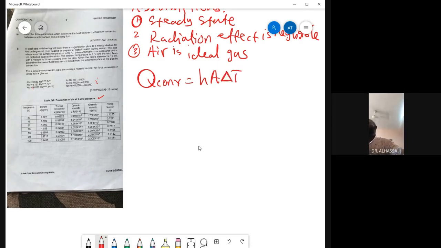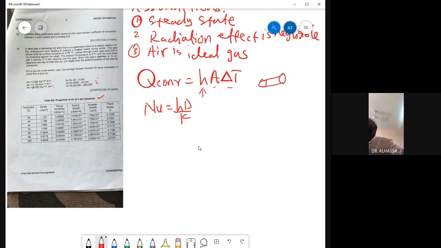The area we can easily determine. Delta T we can also determine. The important thing is the value for h. So how do we determine h? The general equation for the Nusselt number equals h. Since we are dealing with a pipe, we are going to use the hydraulic diameter, so it's hD divided by thermal conductivity.